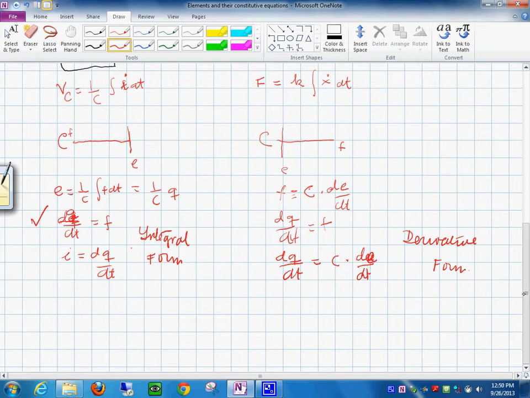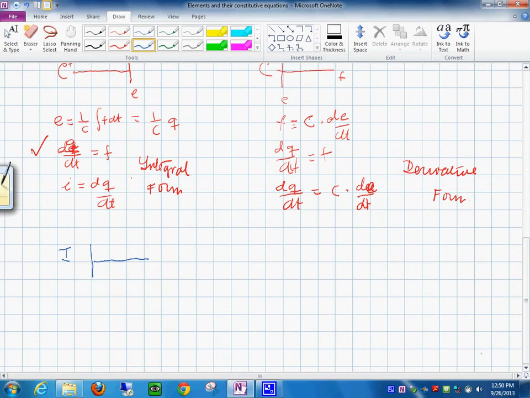Now let's change colors here, and then I'm gonna go to the I element. The I element, if you have it like this, it means the output is out of the I element. Okay, so how do we write the equation here?